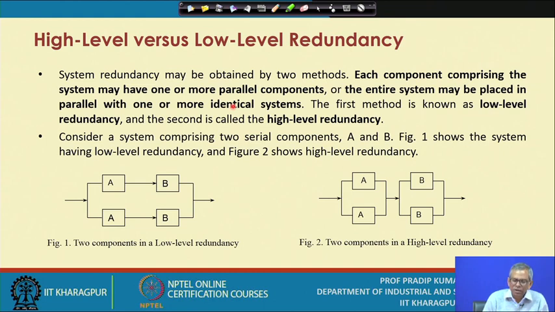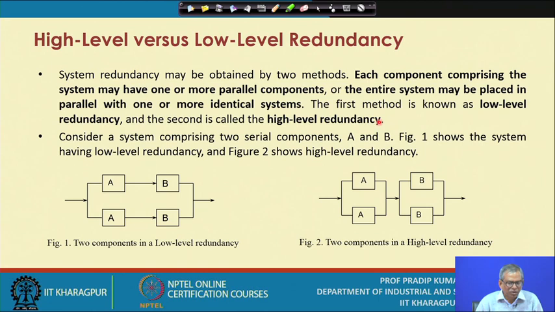The first method is known as the low level redundancy. That means you are not adding the same system, you are adding the component in the system. So that is referred to as low level redundancy, whereas the second one is called the high level redundancy. Is it clear? It is well explained and clearly understood.